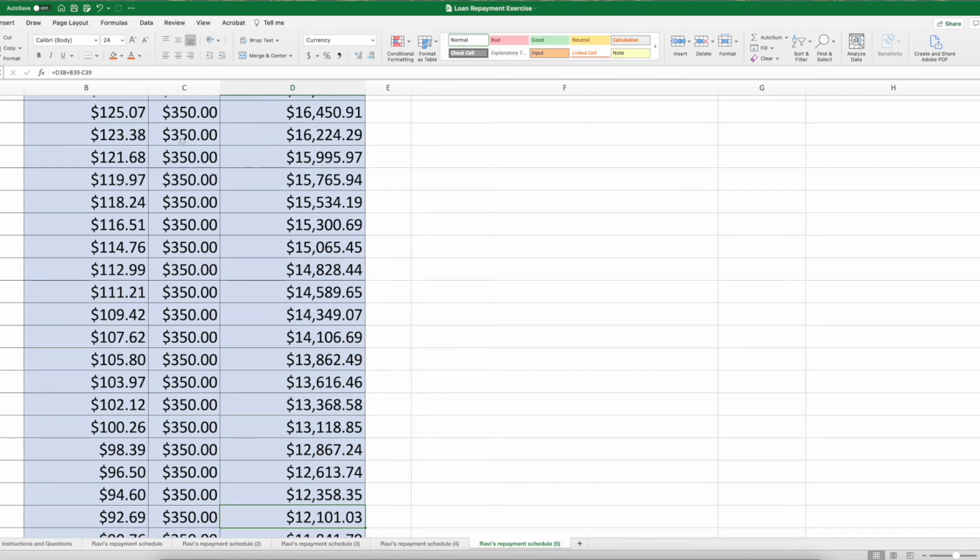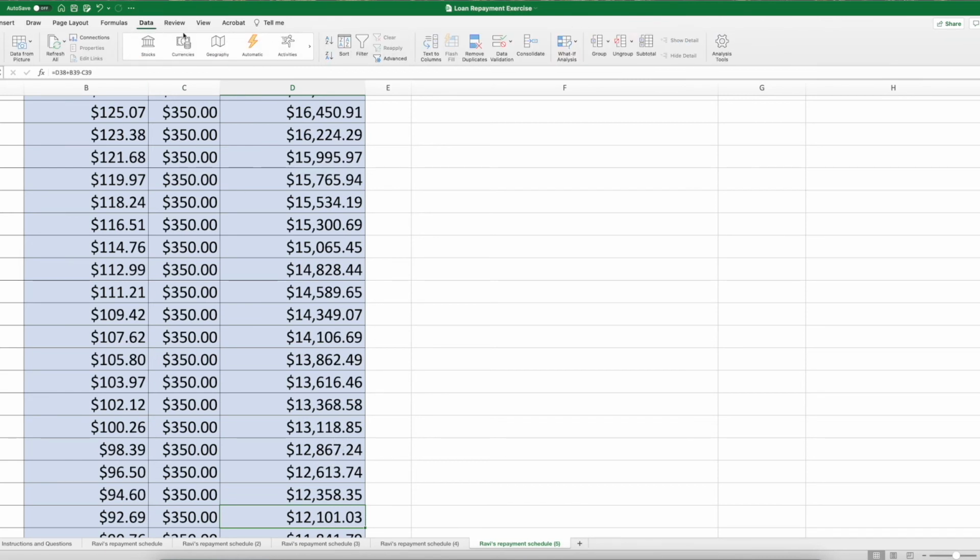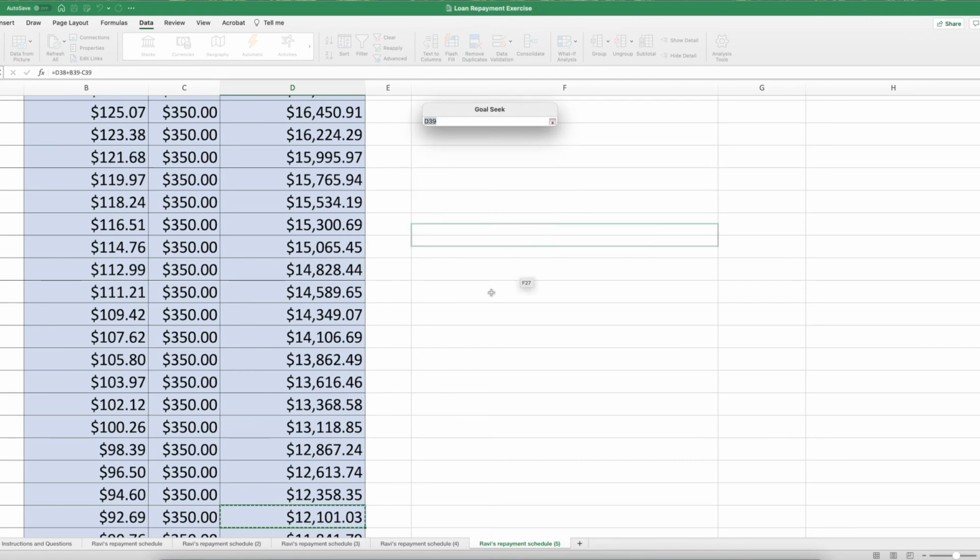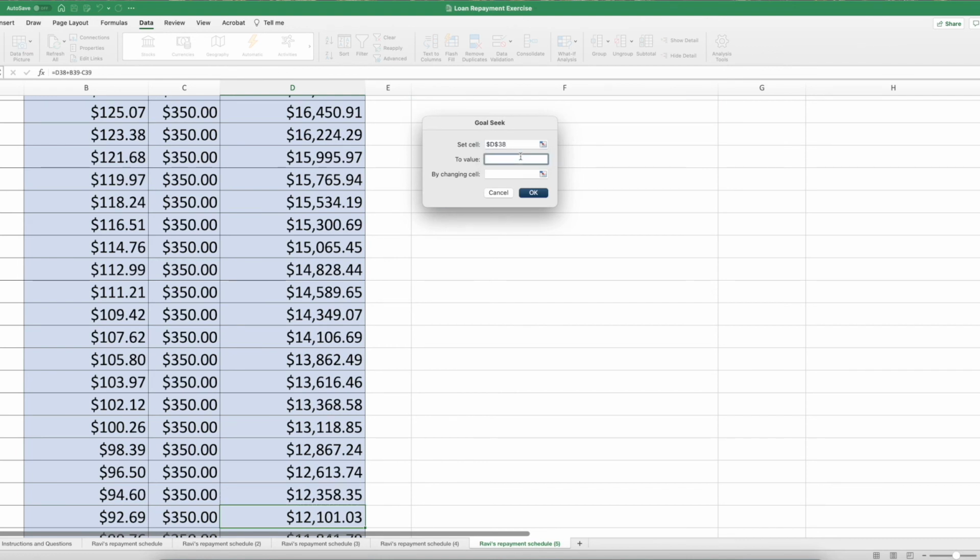So to invoke goal seek, I'm going to go to data, and I'm going to choose what if analysis. If you don't find goal seek in your Excel, use the help function to search for goal seek. Okay, goal seek. So I want to set the value of this cell, the loan balance at the end of 36 months, 3 years, equal to 0.